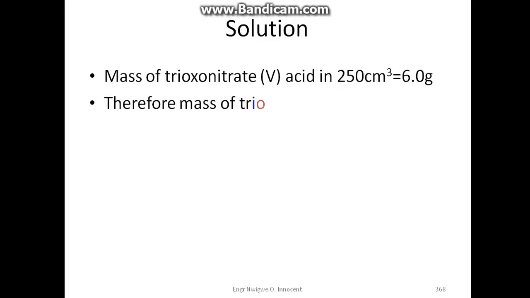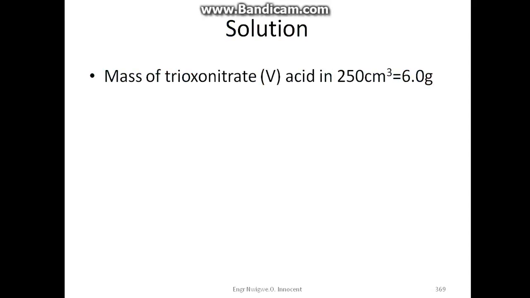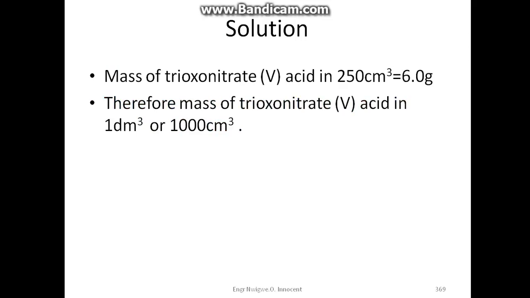Therefore, mass of trioxonitrate(V) acid in 1 dm cube or 1000 cm cube is now equal to 1000 over 250 times 6 gram, which gives us 24 grams.